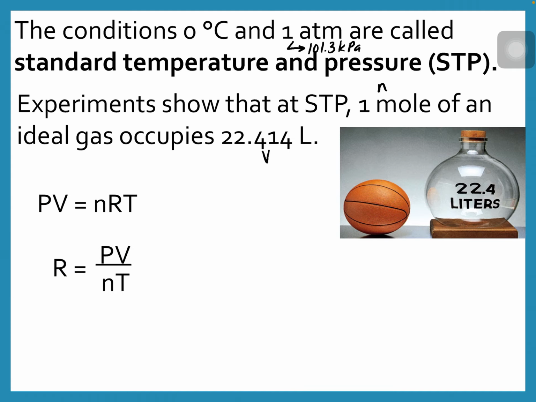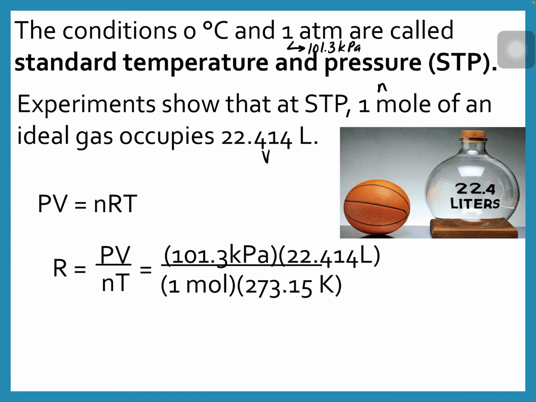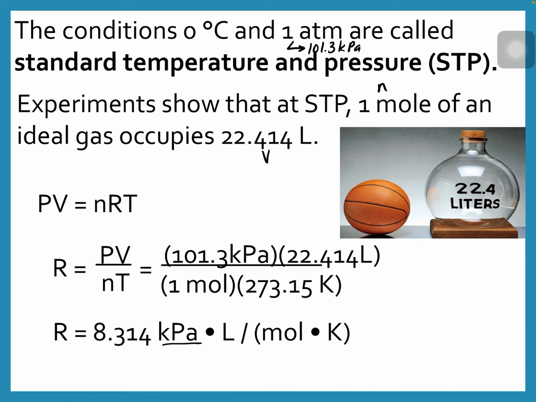So we can go through that process again, this time with our pressure in kilopascals, and that just means that our answer is going to be in kilopascal liters instead of atmosphere liters per mole Kelvin. And so our gas constant when we have our pressure in kilopascals is equal to 8.314 kilopascal liters per mole Kelvin.